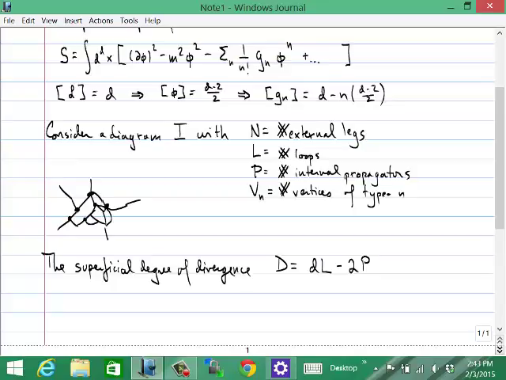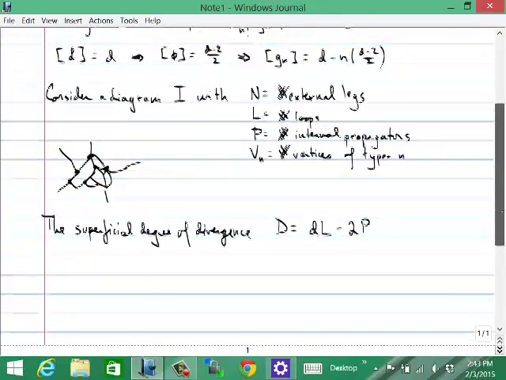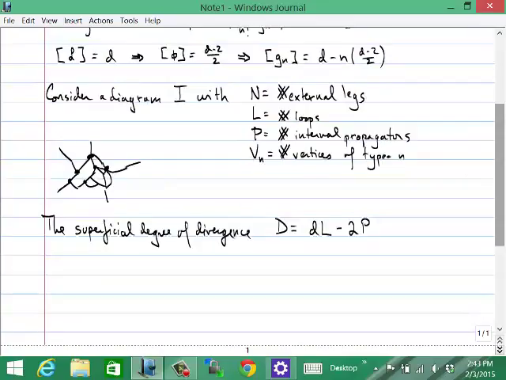So today, what I'm going to do is redo that calculation in a different way, using a much sneakier trick, but one which really makes it clear why it is that the dimension of the coupling constant is responsible for whether a theory is normalizable or not. That's really, I think, one of the key physical points of this class, and so I think it's worth going through and understanding a bit more physically.